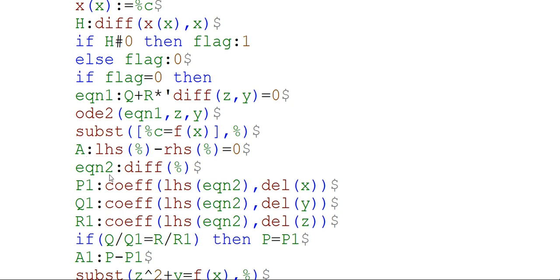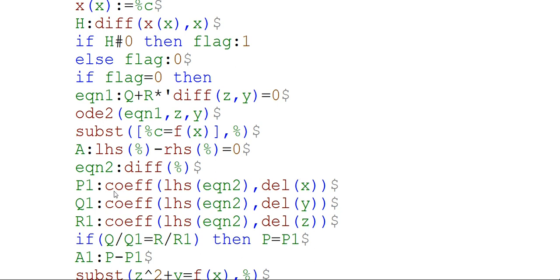So next step, what we did in the manual part, I should differentiate this. So I call that another eqn of 2 is equal to diff of percentage. Now I should compare the coefficients. Before I compare it, I should know the values of the coefficients of dx, dy and dz. In the beginning I called them P, Q, R. Now I am calling them P1, Q1 and R1. P1 is nothing but the coefficient of del x, which is dx. In Maxima, del x is nothing but dx.